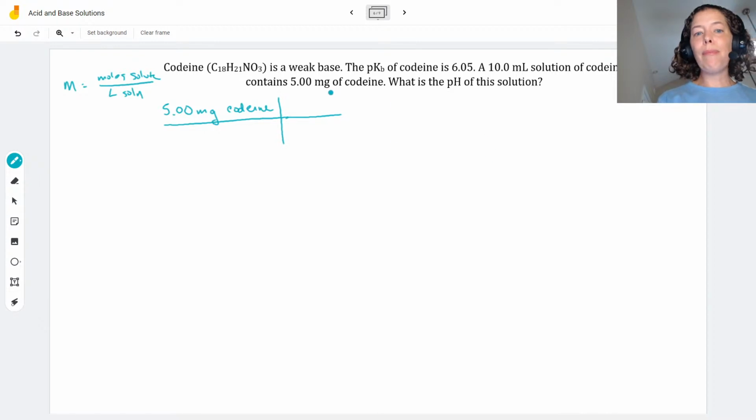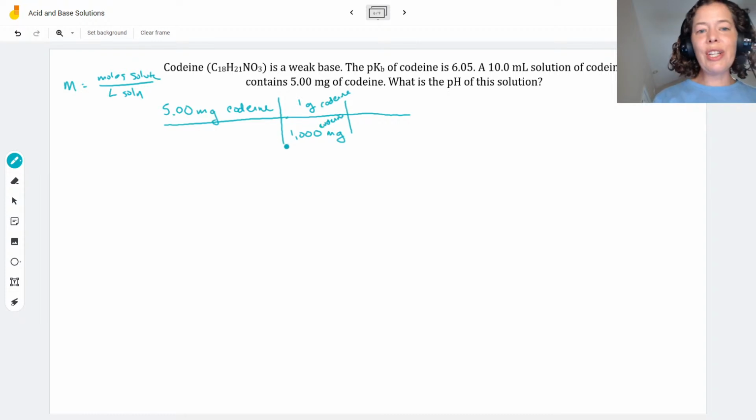All right, making sure this is milligrams. So actually the first conversion I'm going to do is convert from milligrams to grams. Now, I guess you could have done that before you started. But anyway, okay. And now this is actually still grams of codeine.